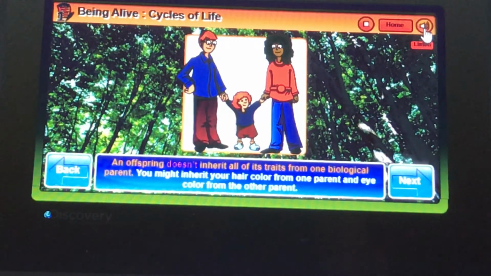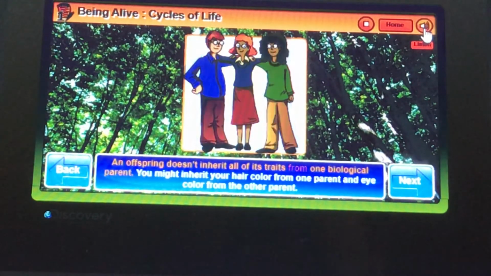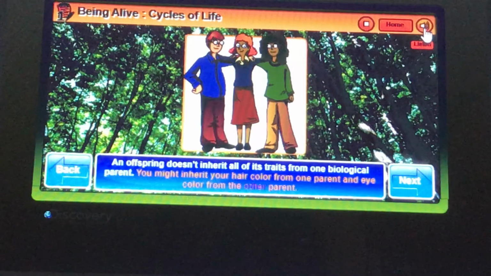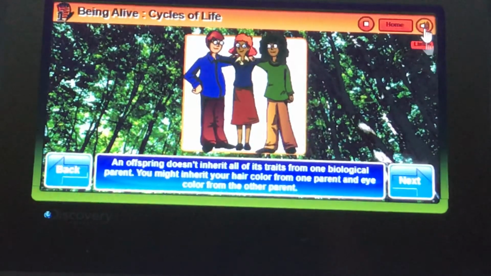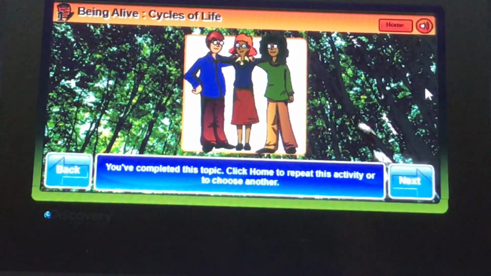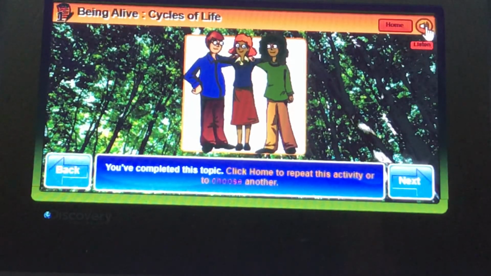An offspring doesn't inherit all of its traits from one biological parent. You might inherit your hair color from one parent and eye color from the other parent. You've completed this topic. Click home to repeat this activity or to choose another. All right, good.